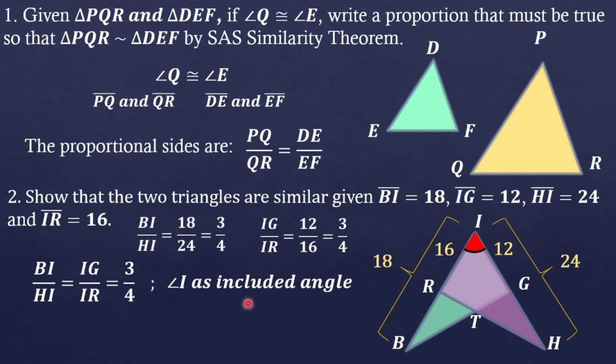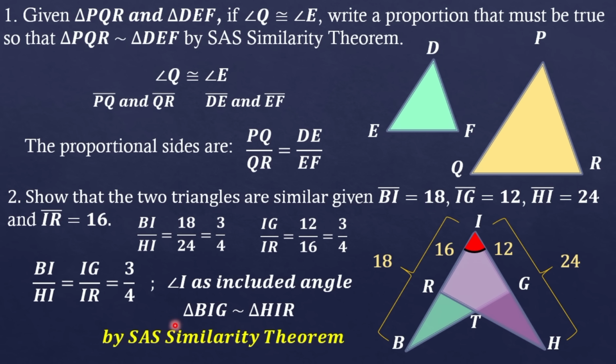So, we now have the two sides that are proportional and an included angle. So, ibig sabihin, triangle BIG is similar to triangle HIR by, meron tayong side, angle, and then side. Sa green naman, ito yung side niya, 12, and then angle, and then side niya, itong BI. So, side, angle, side. So, these two triangles are similar by SAS Similarity Theorem.